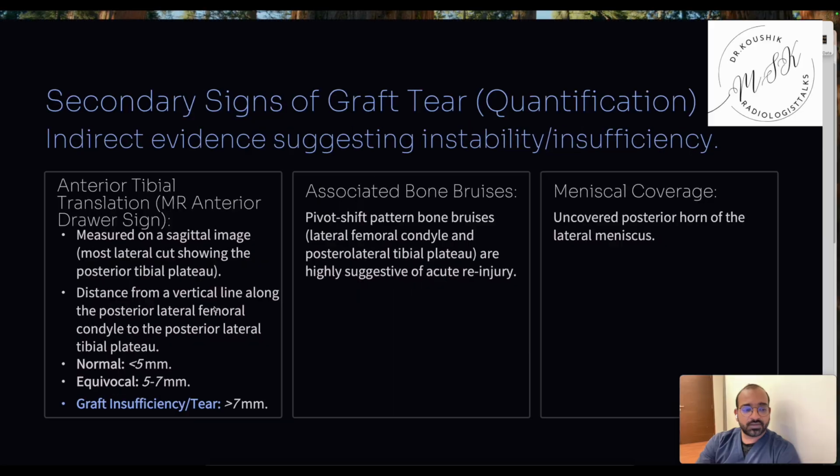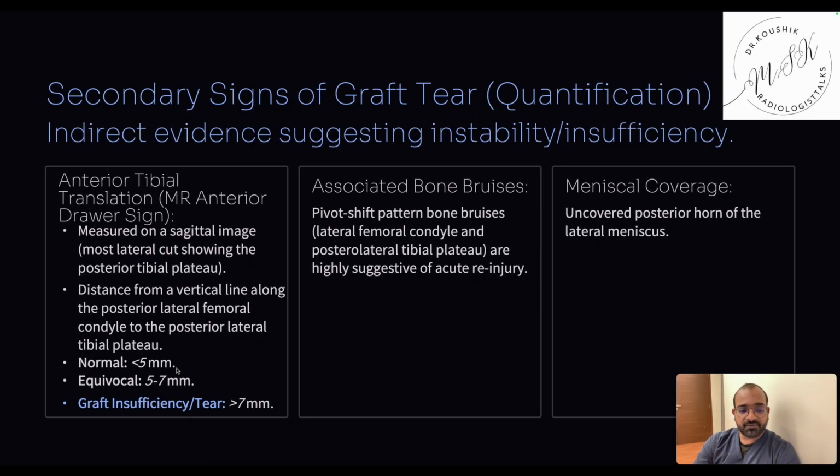Normal is less than 5, equivocal is 5 to 7, and more than 7 is a positive MR anterior drawer sign. I have demonstrated the same on the image. So we can say graft insufficiency or tear when the MR anterior drawer sign is more than 7 mm.